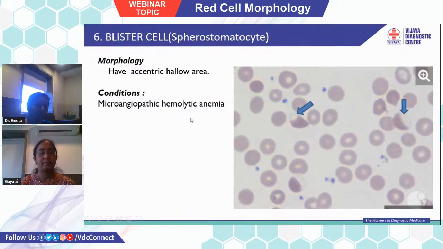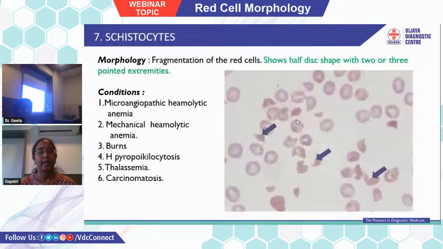The next cell is the blister cell, also called a spherostomatocyte. It has an eccentric halo area. It is mostly seen in microangiopathic hemolytic anemia. This is a cell picked by the splenic mechanism. Next is the schistocyte, fragmentation of red cells. These cells show a half disc shape with two or three pointed extremities.